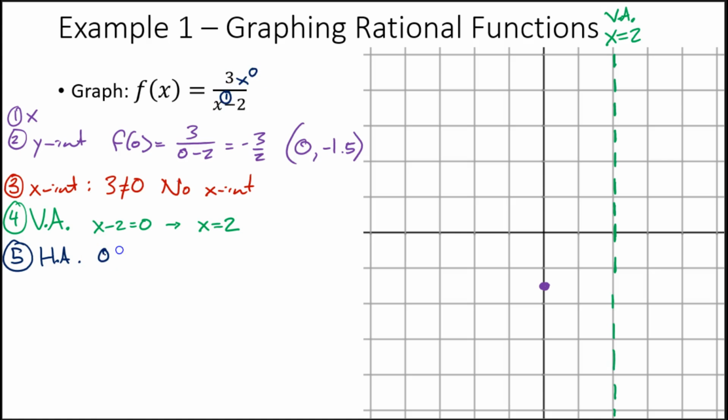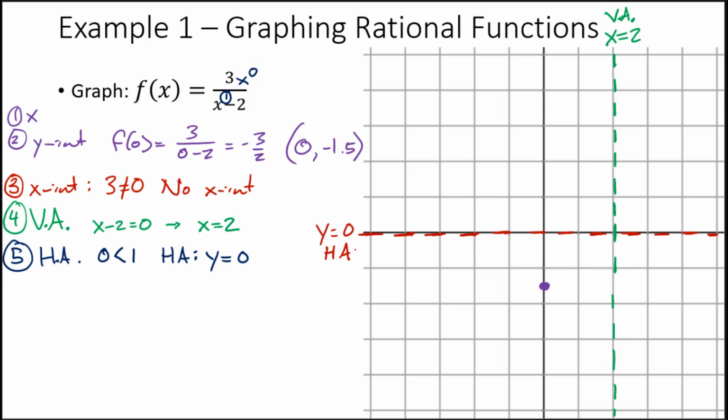Okay, so 0 is less than 1. That matches case number 1. So, as we guessed, the horizontal asymptote is indeed y equals 0. So, x-axis, dotted line going horizontally. y equals 0. That is my horizontal asymptote.